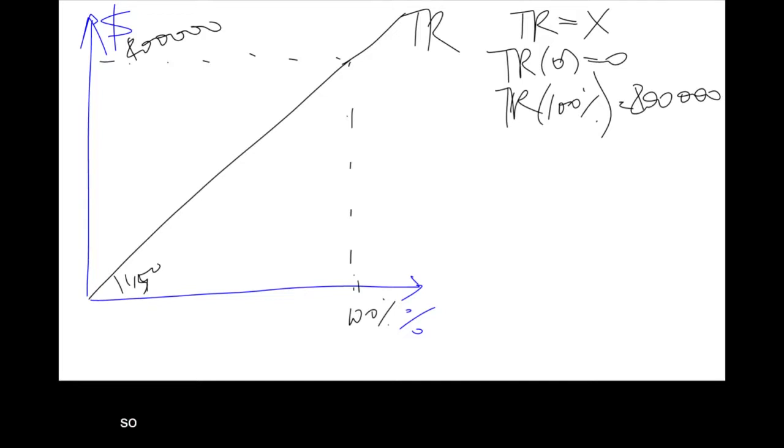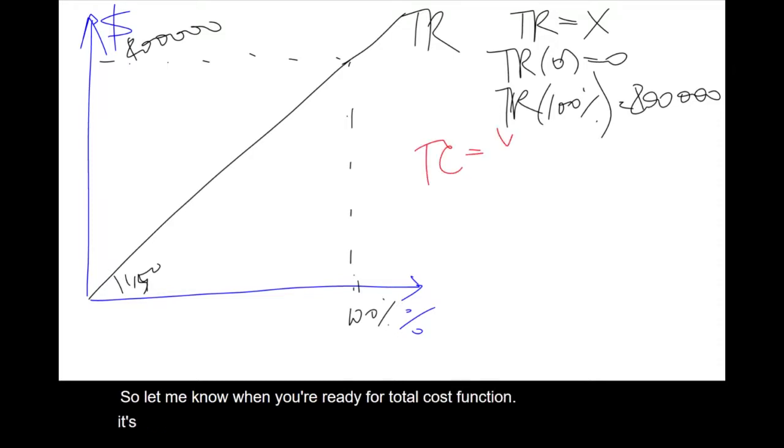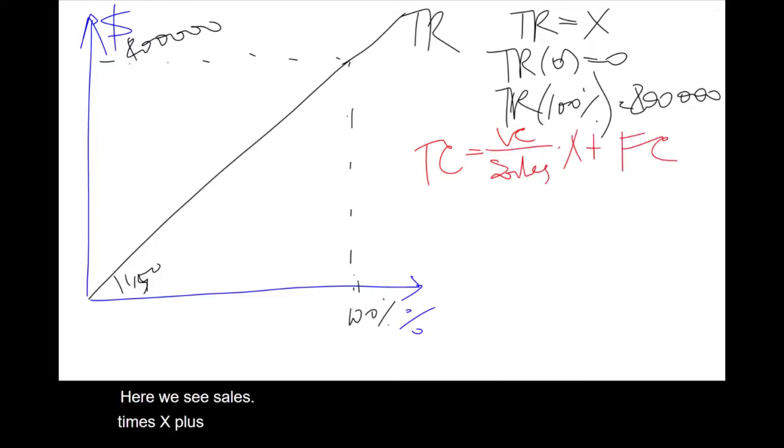So let me know when you're ready for total cost function. Put formula here, VC over sales times X plus fixed cost. So what do we have?